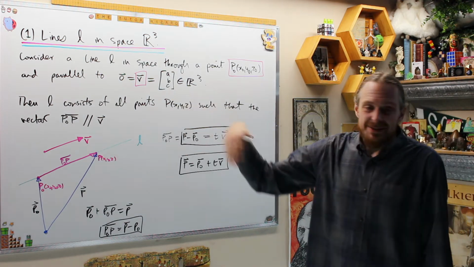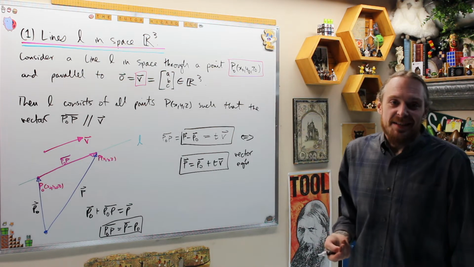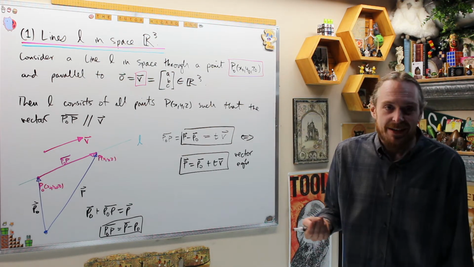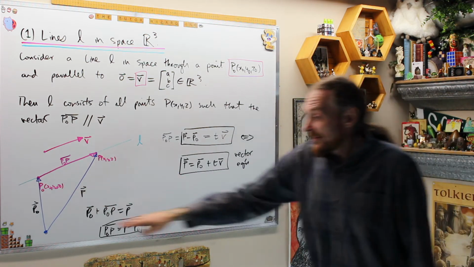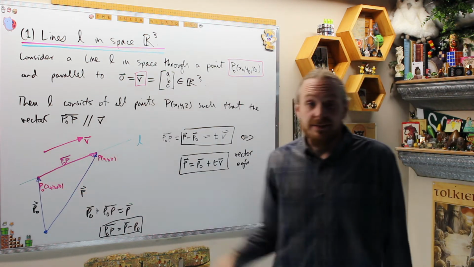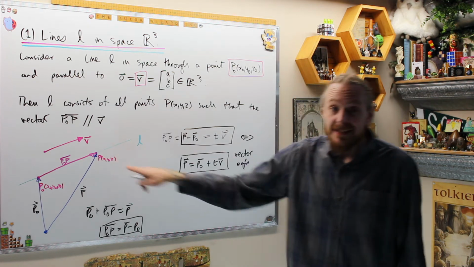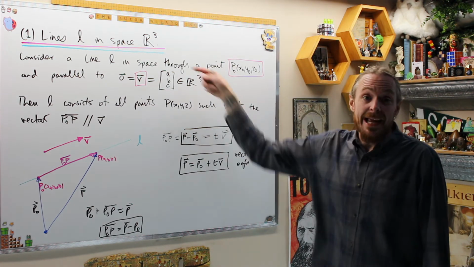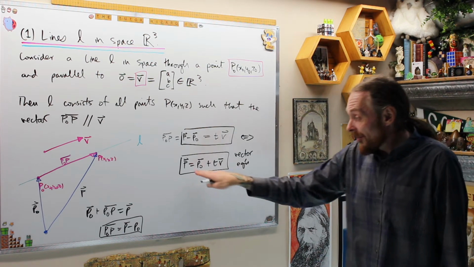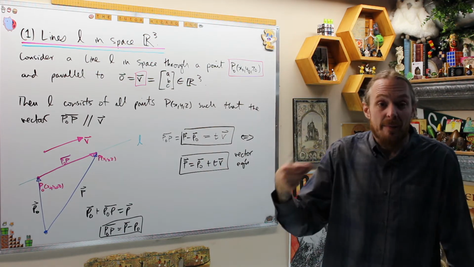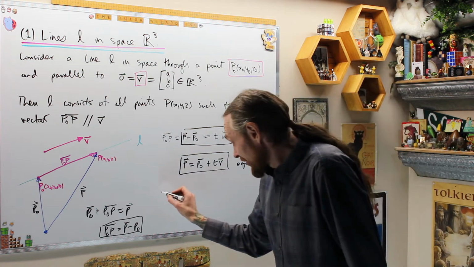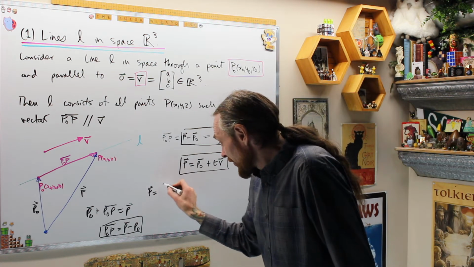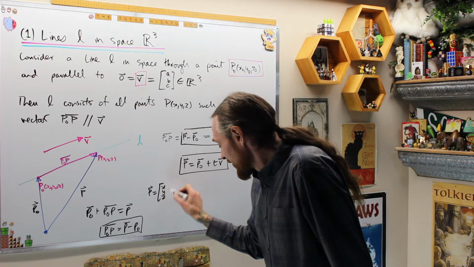Now I use the fact that there's an ambient basis of 3 space, and therefore that vector v has to have coordinates, and so do these. The coordinates of P naught are x naught, y naught, z naught. The coordinates of P are x, y, z, and the coordinates of v classically are a, b, c. Now, opening that up, I can get the parametric form, or the parametric avatar, of a line. Why is that? Let's just state it. P is equal to x, y, z.